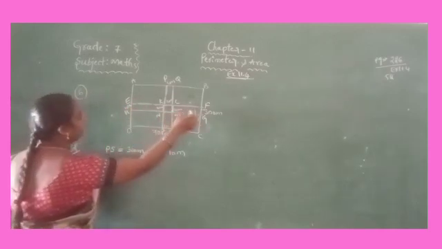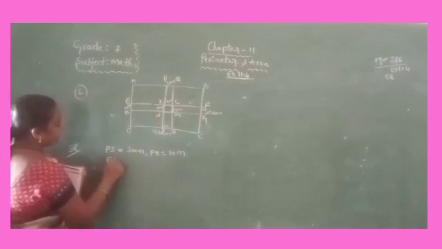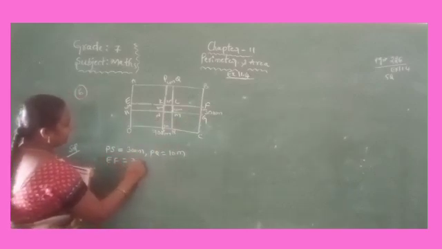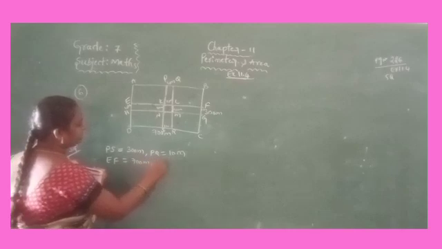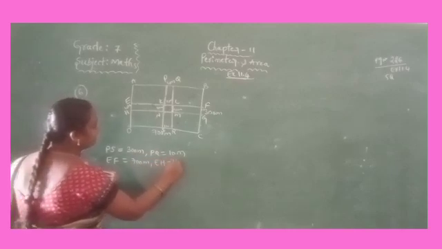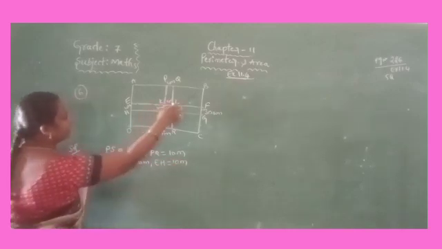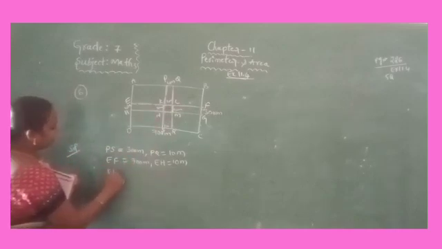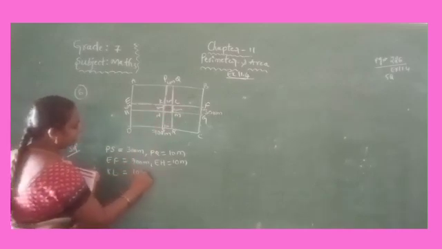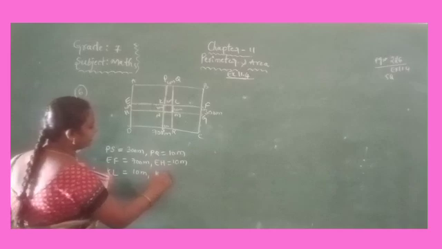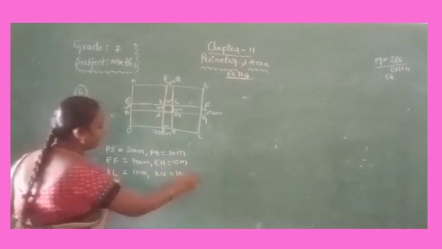Similarly, in EFGH the length EF is 700 meters and the width EH is 10 meters. In KLMN, each side, KL and KN, is 10 meters.